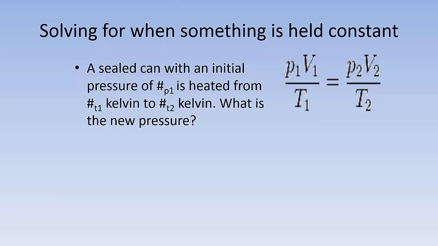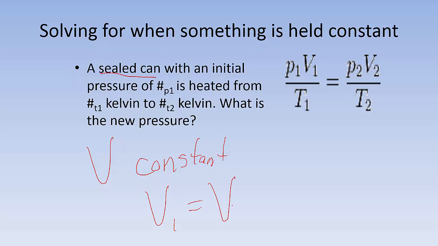So here's an example. It says a sealed can with an initial pressure of P1 is heated from T1 to T2. What is the new pressure? Well, this sealed can is telling us that our volume is constant, which means that V1 is equal to V2. All right, so if we're looking back at the equation, if V1 equals V2, they cancel out.